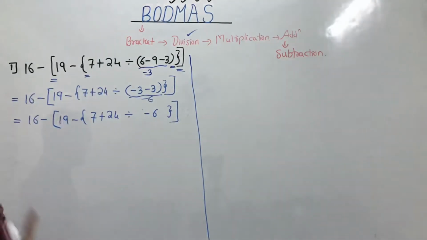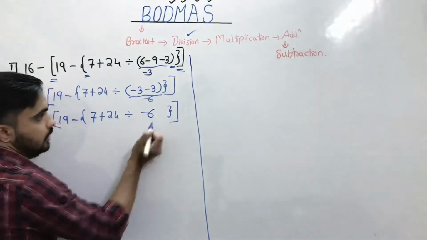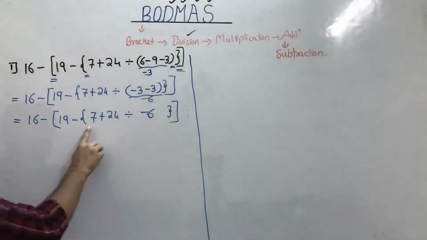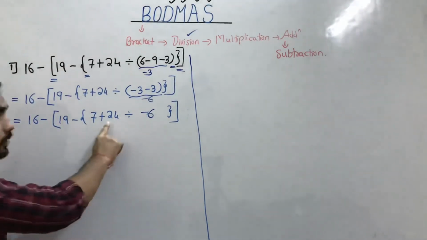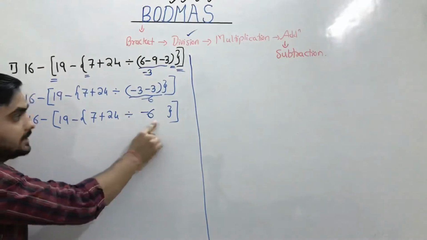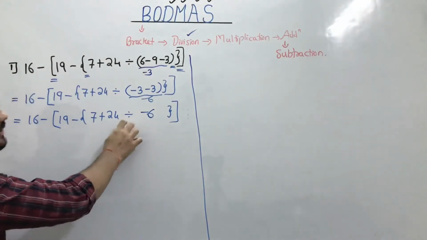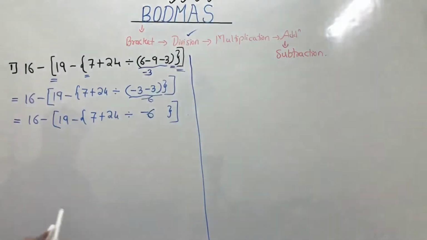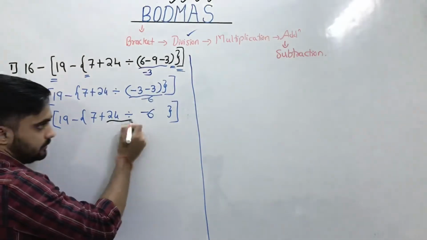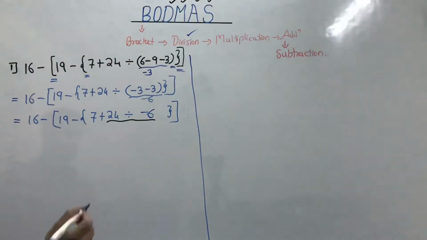So we have completed our first bracket. Now the important thing is we have 7 plus 24 and 24 divided by minus 6. According to the rule, first we have to go with division. So we'll solve this. 24 divided by minus 6.